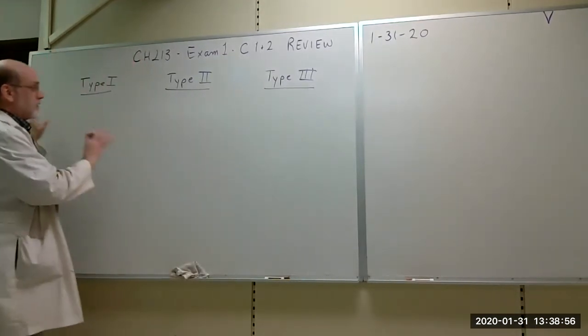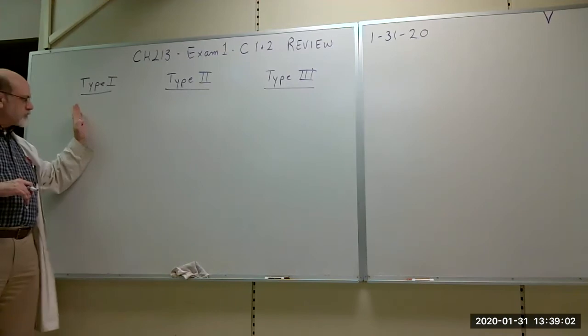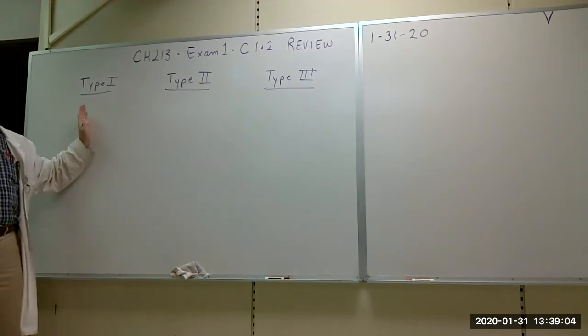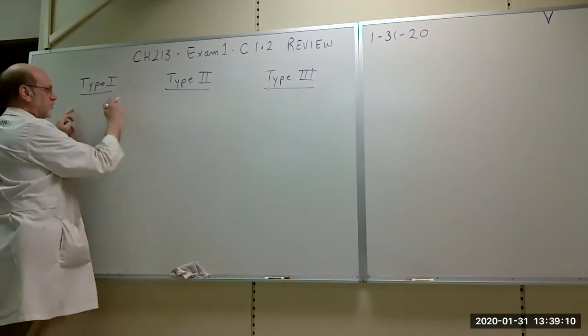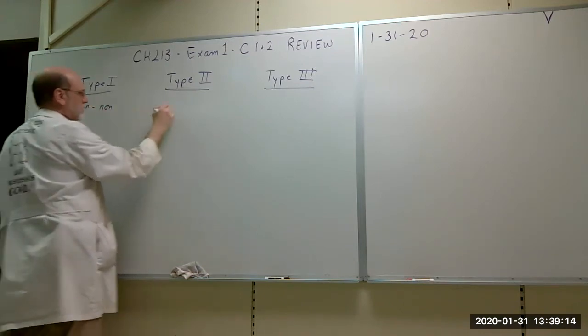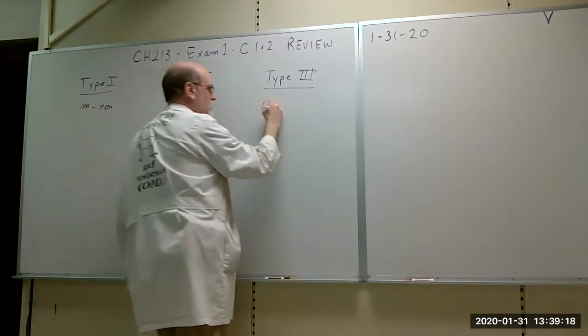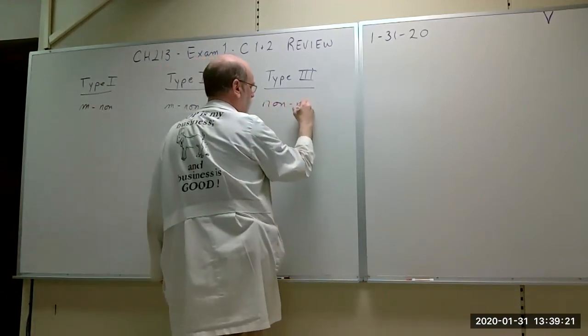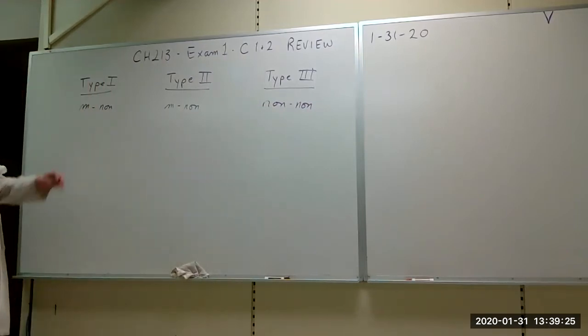Okay, so the first division is whether the first element is a metal. So it's metal, non-metal, or non-metal, non-metal.